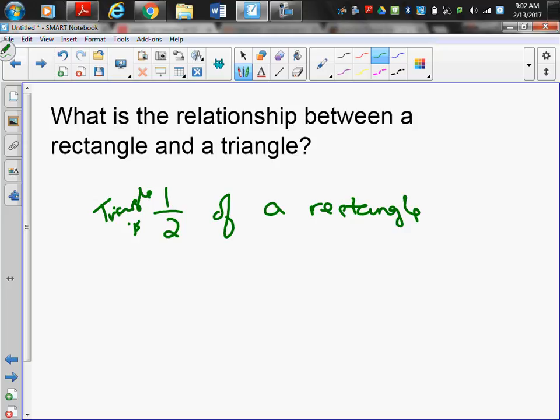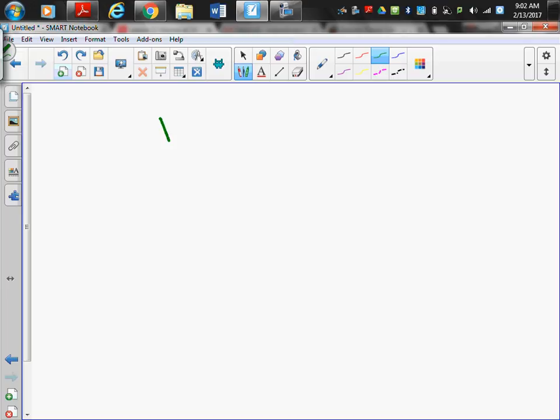Alright, so in order to find the volume of a rectangular prism, we said volume equals length times width times height. That's for a rectangular prism. So what do you think the formula is going to be for a triangular prism?